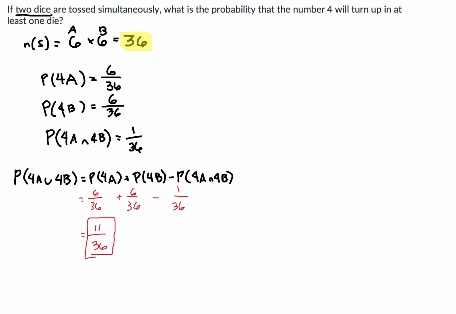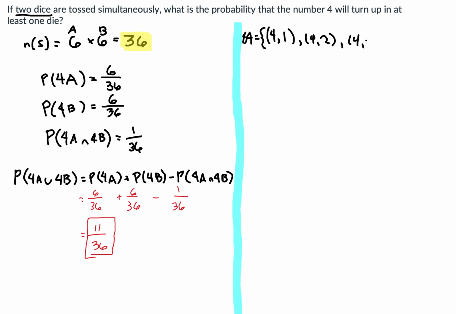We can also answer this by making use of symbols and images. Imagine when we throw a 4 in the first die and we end up with 4. So what we have is 4, 1; that's one outcome in A. All the elements in 4A: 4,1; 4,2; 4,3; 4,4; 4,5; and of course 4,6.